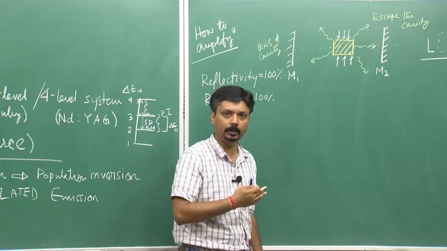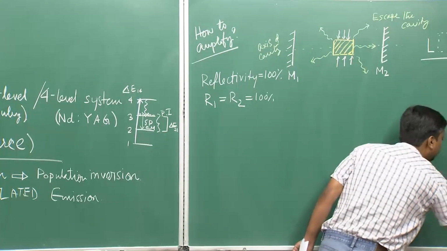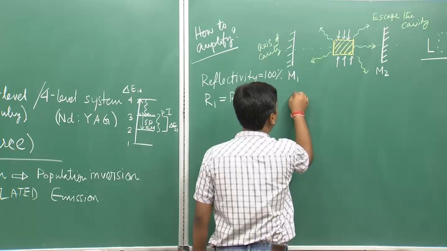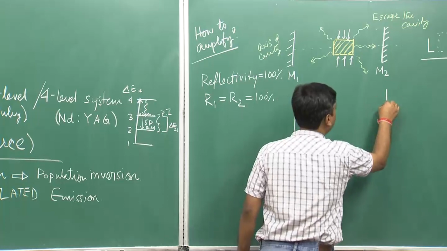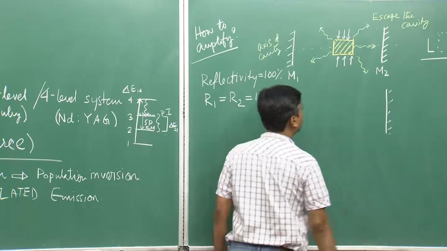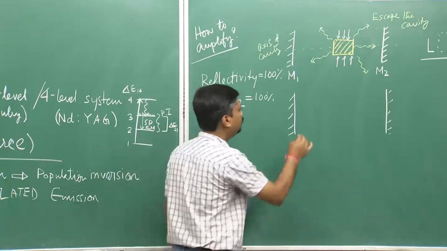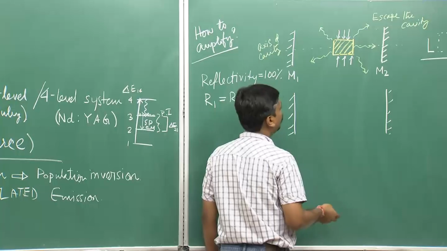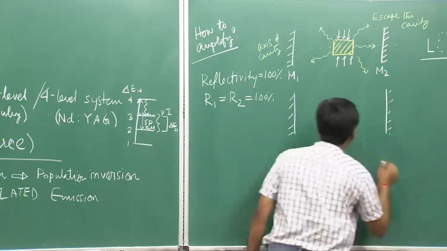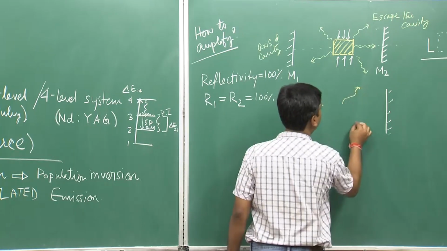Makes sense? Absolutely, right. So, if I look at this problem in a stepwise manner, I am not bothered about the active medium, we know that it is there. So, I am just drawing these photons. So, there will be spontaneous emission all the time.